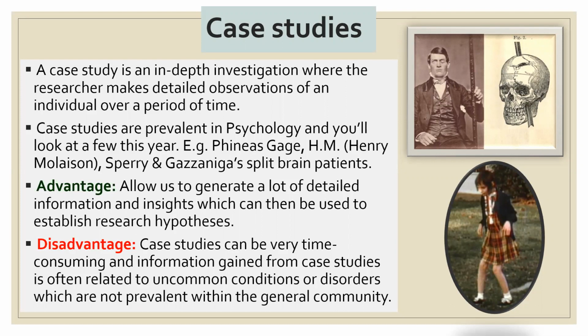And so a lot of the time we can conduct case studies not just on individuals like Phineas Gage or HM or Genie the feral child, but we can also complete case studies on groups like the Ku Klux Klan or a group of specific people that were involved in the Jonestown massacre. Okay, all of those things are things that we can do with reference to case studies. So obviously we've done heaps of case studies last year and this year.